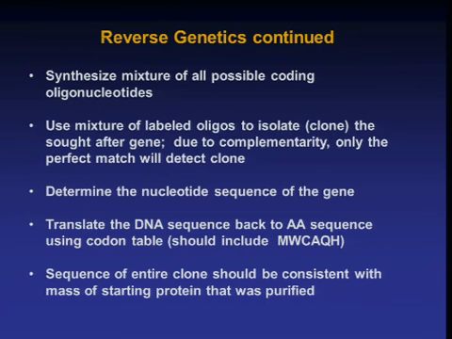We may know some of its properties, whether it's more basic, more acidic, what its isoelectric point is, so that when you get that entire gene, if you read through and translate that DNA to what the protein sequence should be, and it says this gene looks to encode a protein of 110 kilodaltons, 110,000 daltons, and the protein that you purified is 110 kilodaltons, that makes sense. If it comes back and says this gene encodes something of a dramatically different size, then you know you may have picked up something similar and you have to go back. Okay?